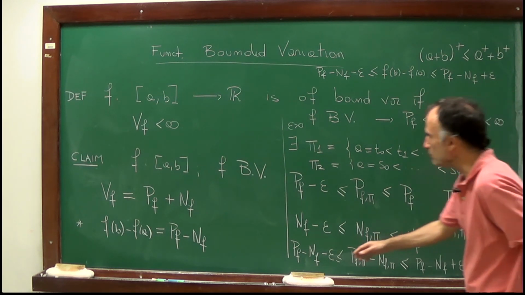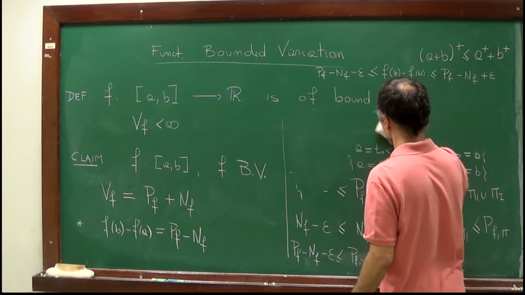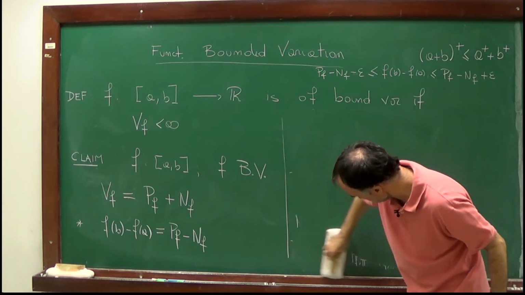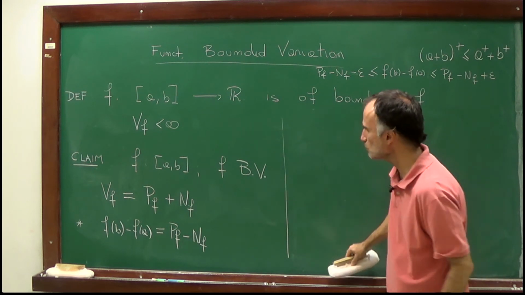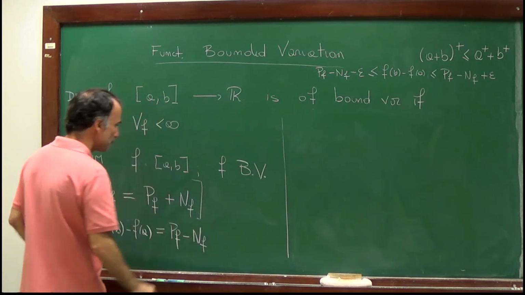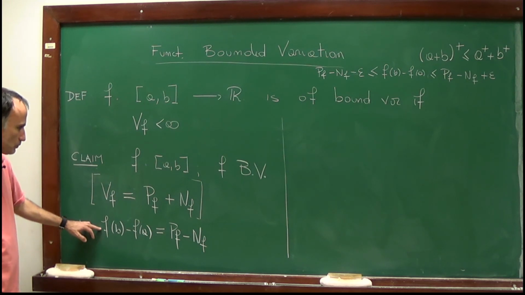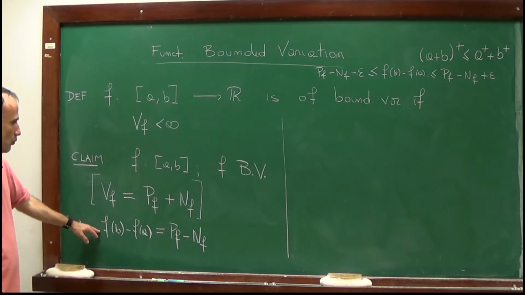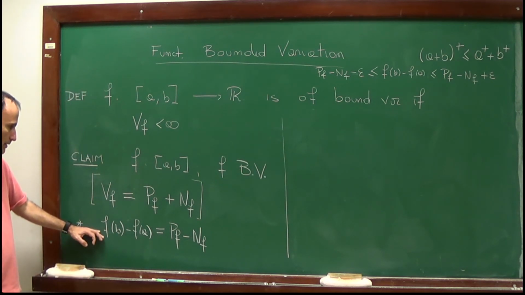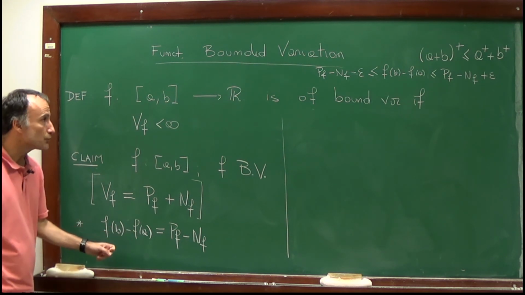So let me erase this blackboard to complete an argument. Now I want to look again at this identity, but instead of looking at it at b, I'll look at it at x, as a function of x.